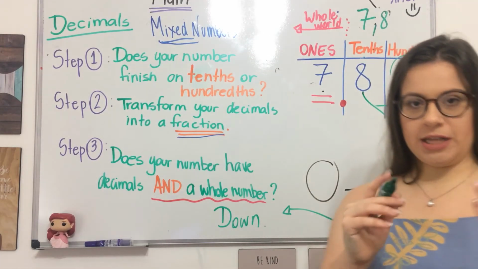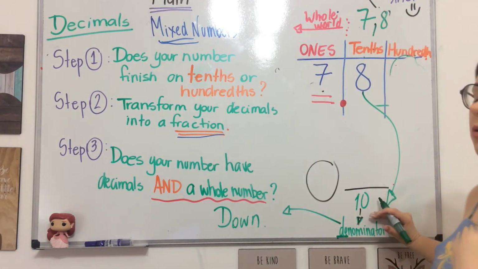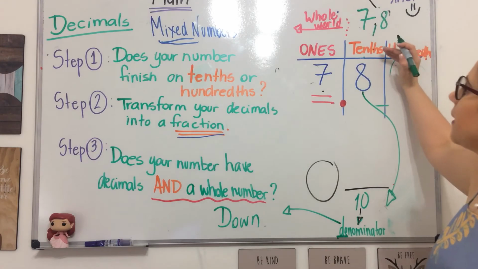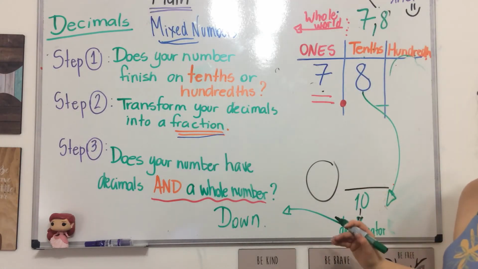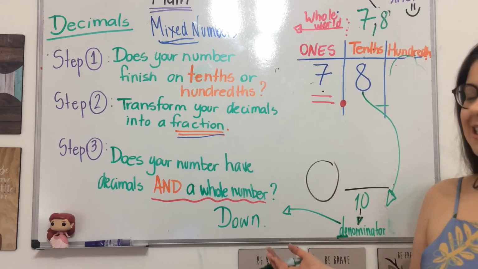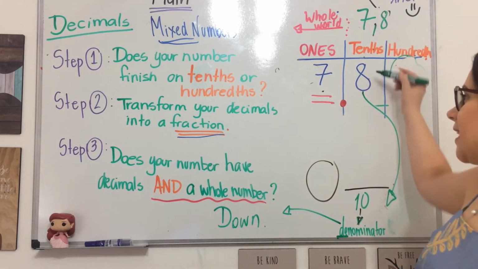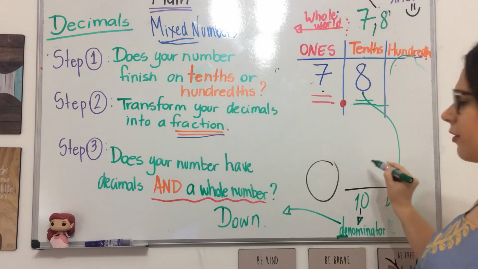When my number finished on hundredths, the denominator was 100. When my number finished on tenths, my denominator was 10. Right? And then I put my decimal, that is 8, in the fraction.